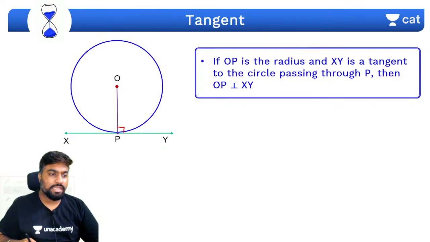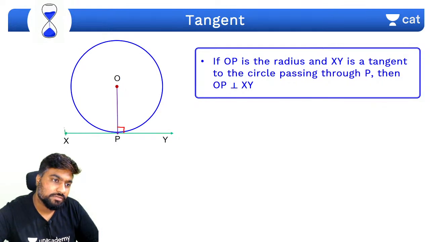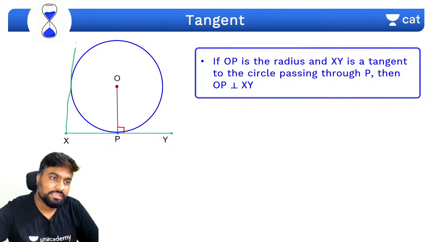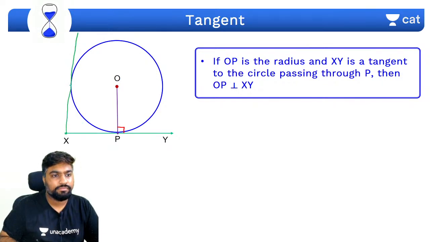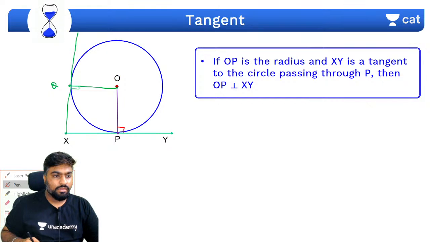Listen, rule 2 with the tangent. If I draw another tangent from X, like this, and it touches the circle here at Q, then this is also 90. And these two originating from the same point will become equal.